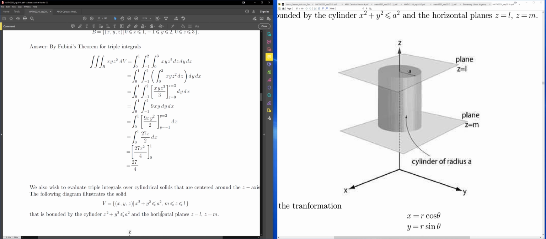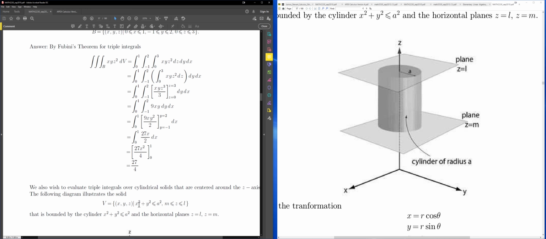In three-dimensional space, z equal to l is a plane that's parallel to the xy plane at height l, and z equal to m is a plane of height m, also parallel to the xy plane and to this one. So z lying between m and l means the solid object I'm going to look at lies between these two planes.